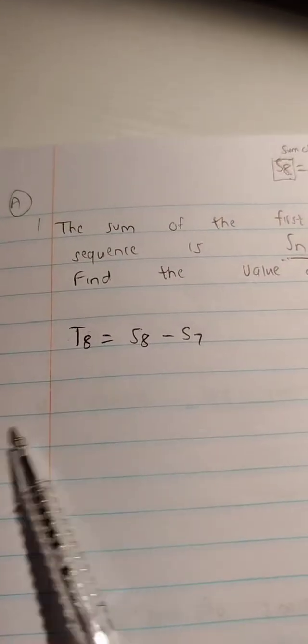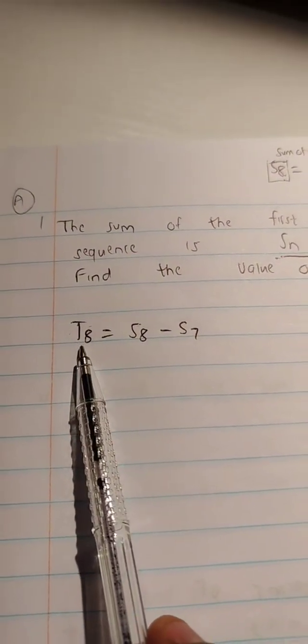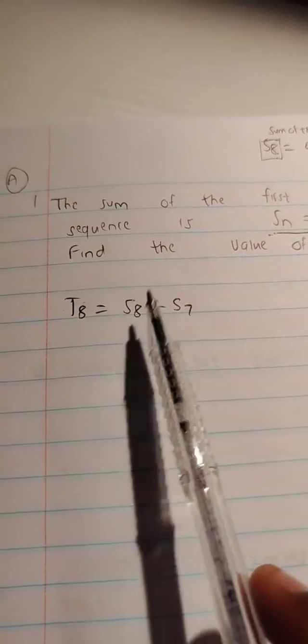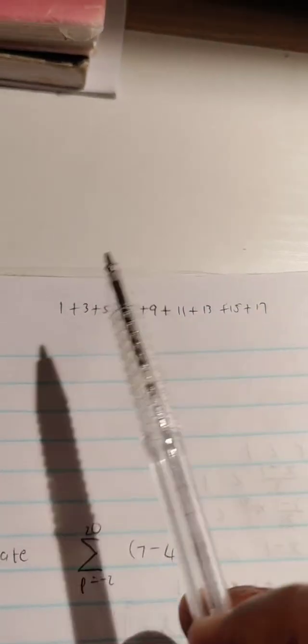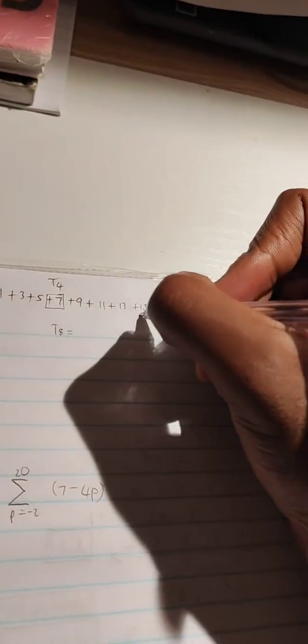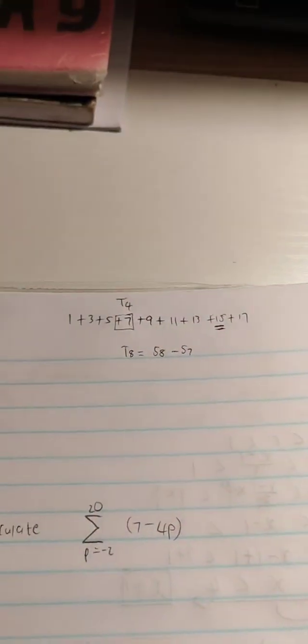I want to use an example to explain this. But before that, let's just take this idea that to get term number 8, 1, 2, 3, 4, 5, 6, 7, 8, in other words, to get 15, we take the sum of the first 8 terms, we subtract the sum of the first 7 terms.